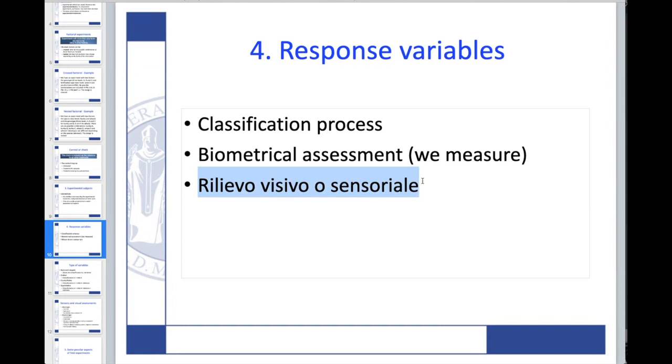In some cases, we make sensory assessments. I mean, we go look at a subject and grade it into categories, or we express our liking. That would be the Likert scale. Do you like this cake?